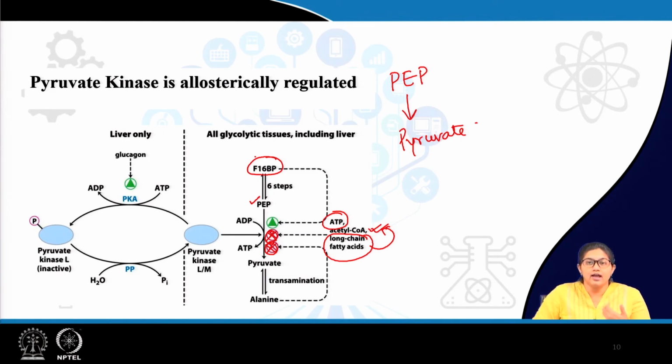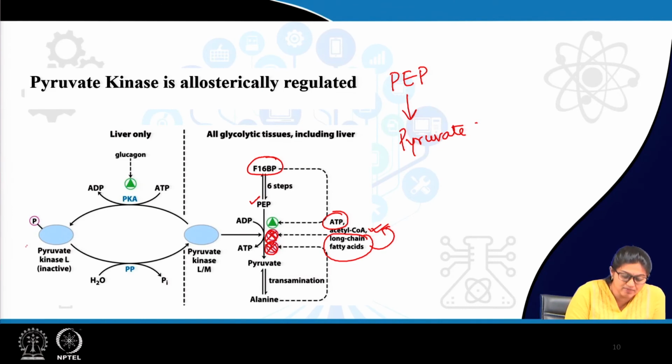Now, amongst the different isoforms, only the liver isoform is regulated by covalent modification, and this covalent modification is done by phosphorylation and dephosphorylation, which is a reversible phenomenon. When phosphorylated, this pyruvate kinase remains inactive. Again, when there is low blood glucose level, there is release of glucagon. Glucagon activates cyclic AMP dependent protein kinase.